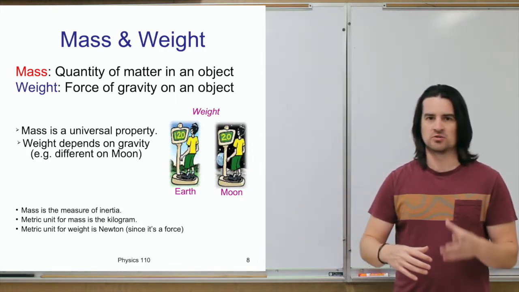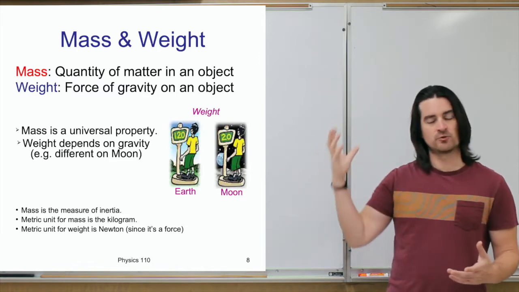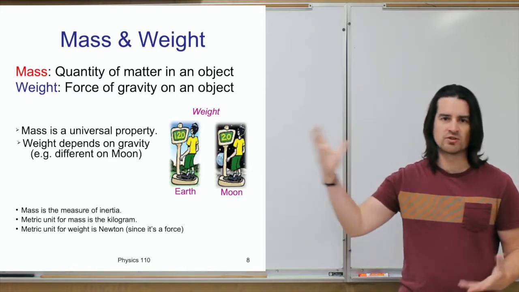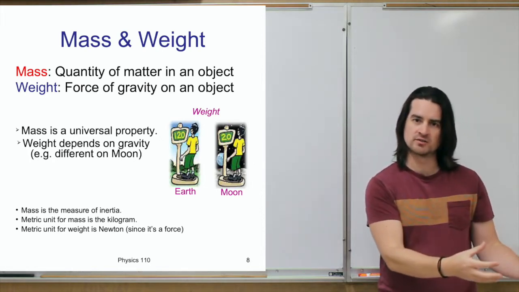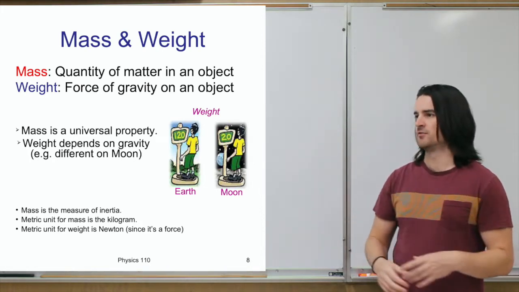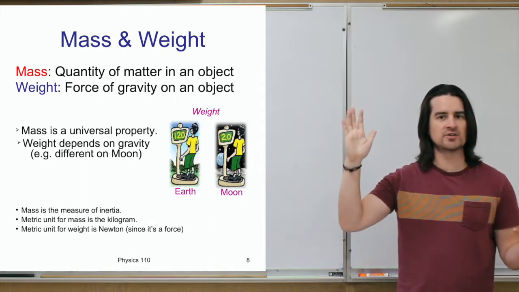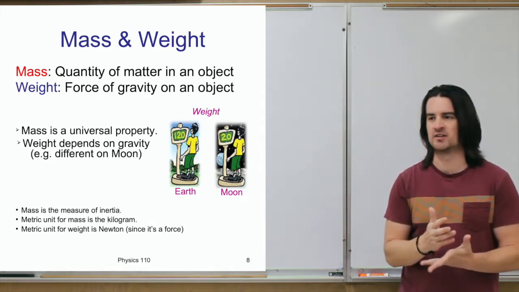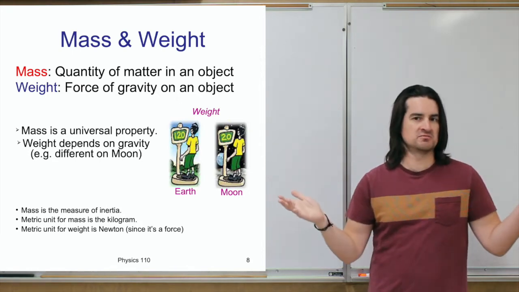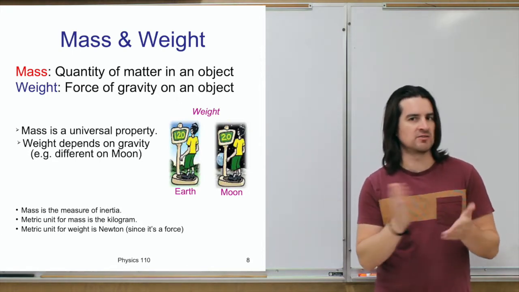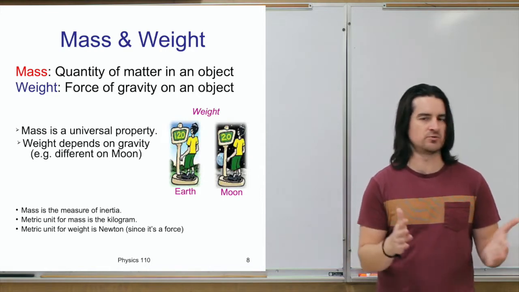So the force of gravity on the moon is much weaker than on the Earth. If I were right next to the sun, the force of gravity is much stronger, much more massive. If I was floating in outer space somewhere and there are essentially no gravitational pulls on me, then I would be weightless. So weight is something that can vary from place to place depending on the situation.